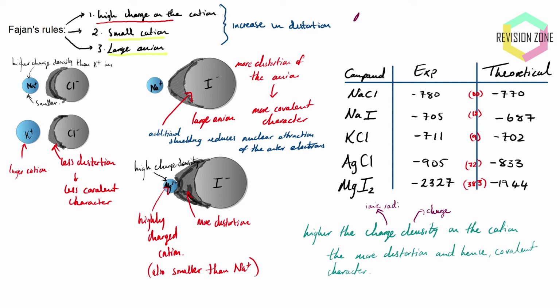So really important point here. Covalent character leads to a more exothermic lattice enthalpy, and therefore to break that lattice requires more energy.